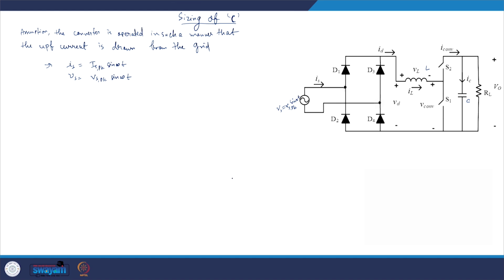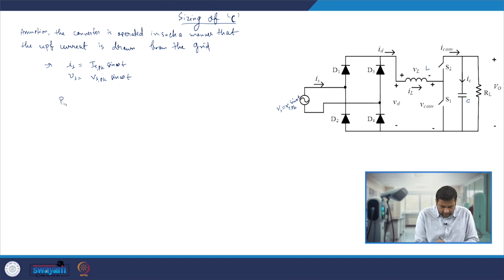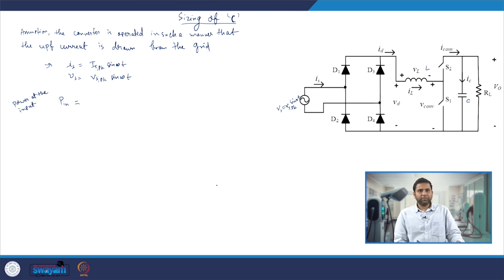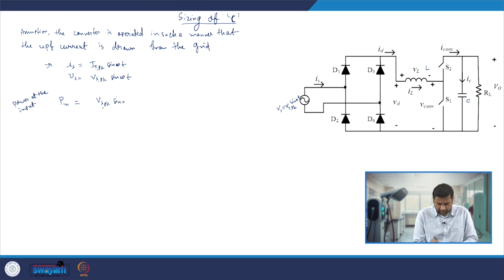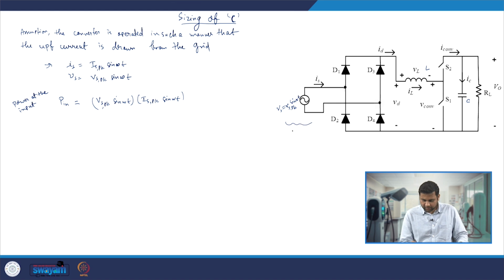Now since we have assumed this particular condition, we can calculate the power at the input. This power at the input, if you do simple mathematics, is nothing but Vs peak sin omega t times Is peak sin omega t.